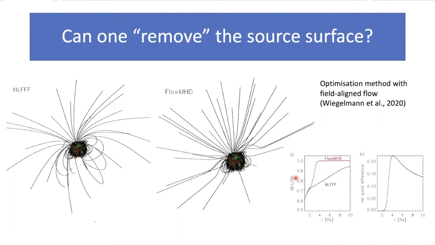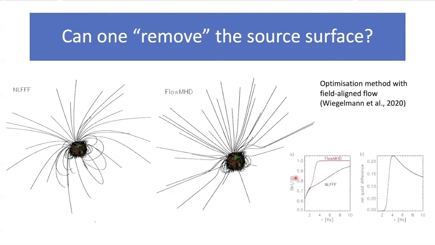What I show on the left-hand side is a nonlinear force-free field extrapolation, which actually goes out to radius 10, which uses SDO HMI synoptic vector magnetograms as boundary conditions, and the same on the right-hand side. But there's a relatively simple Parker solar wind imposed. One can see that the magnetic field there gets radial at a pretty close distance to the sun.